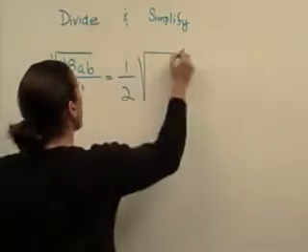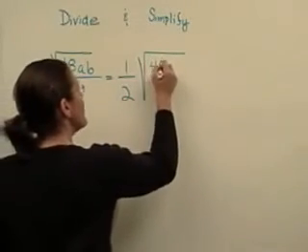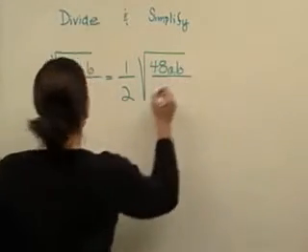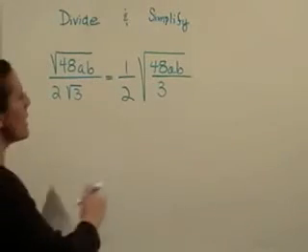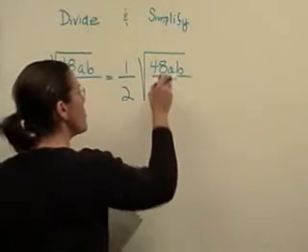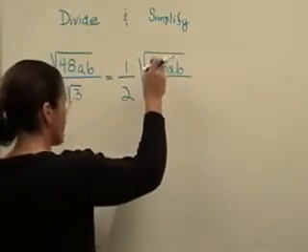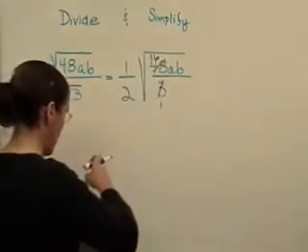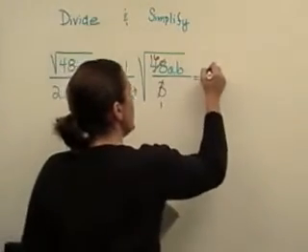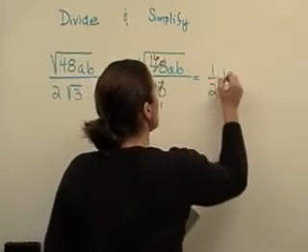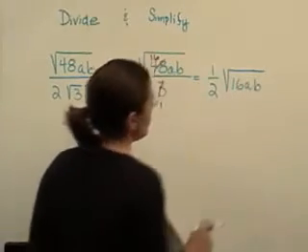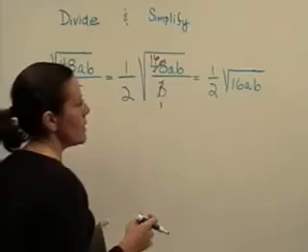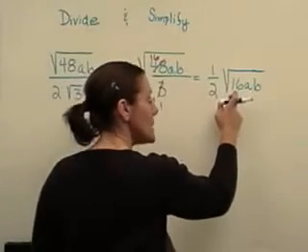And then I'm going to look at what's under the radical, the 48ab and the 3 together now so that I can reduce that. Because I know that 3 goes into 48, and it goes into there 16 times, and what I have then is 1/2 times the square root of 16ab. Now I won't go and break this apart any further, just recognize that you have the square root of 16 here.